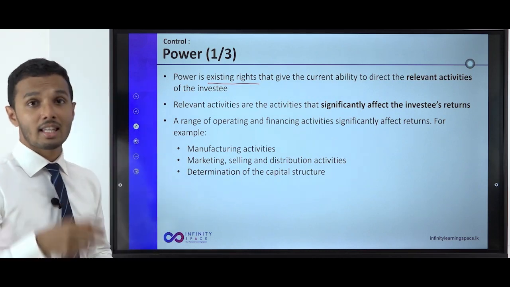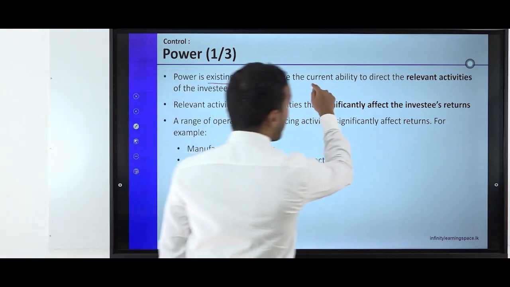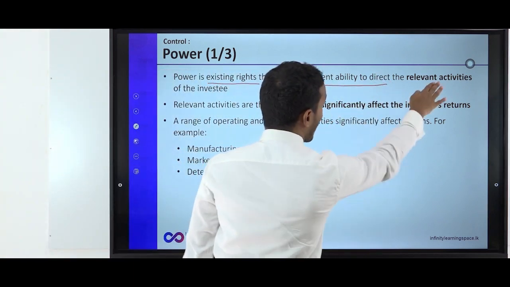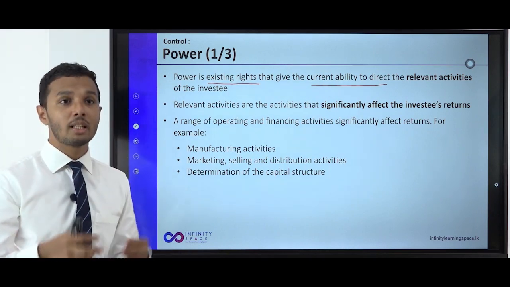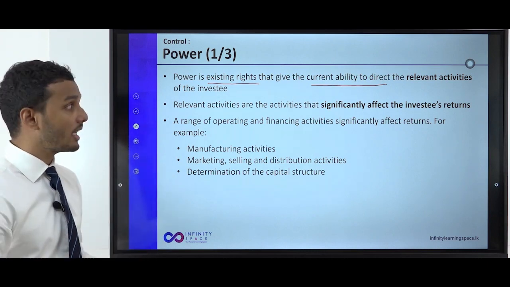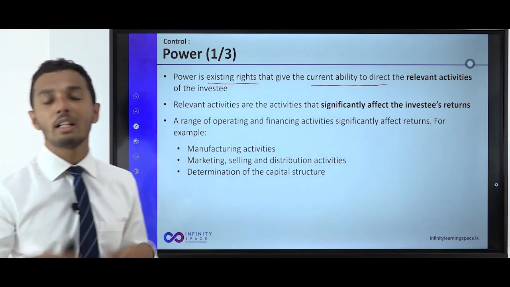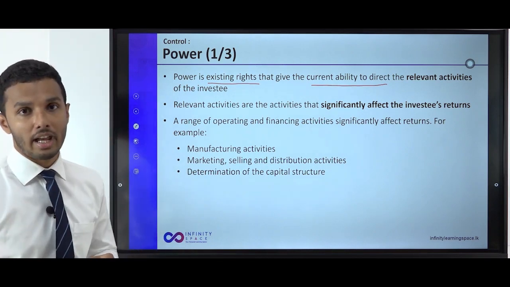So the investor has an entitlement or an authority that gives him the ability to direct what we call relevant activities, meaning he has a right that gives him the ability to make the decisions regarding activities we call relevant activities, right?